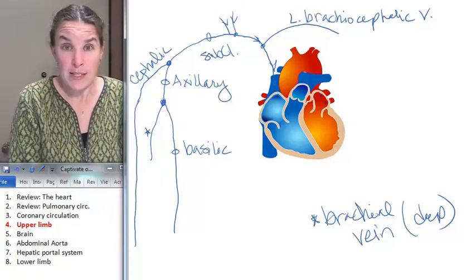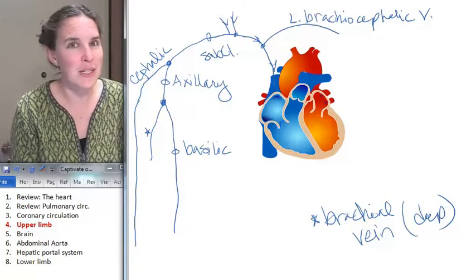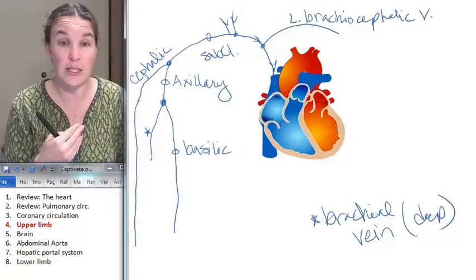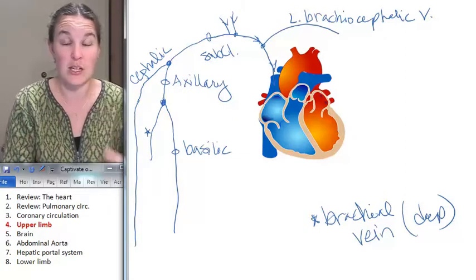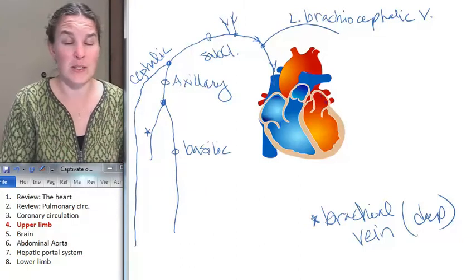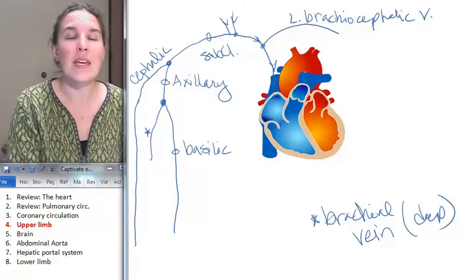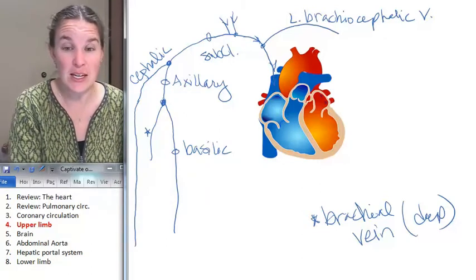So you often see we have these superficial veins. We really don't have very many superficial arteries. We have a few places where we have superficial arteries. Those are pulse points, places where you can actually take your pulse. But we got to protect those places. The pattern of superficial veins is extremely variable.